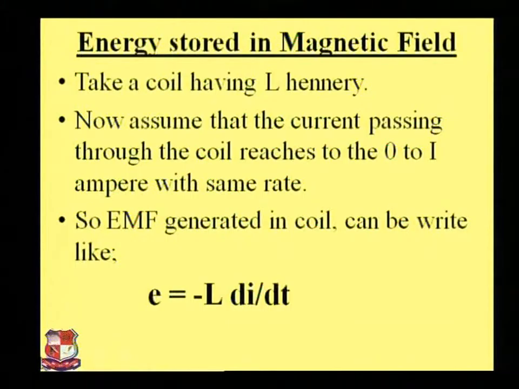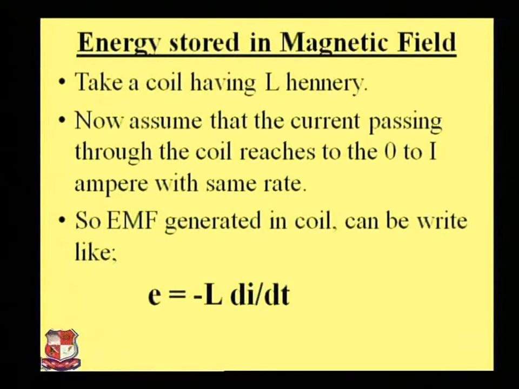Henry is the unit of inductance, and L is the coil. Now assume that the current passing through the coil rises from 0 to I ampere at a uniform rate, taking the same time rate from 0 ampere to I ampere.